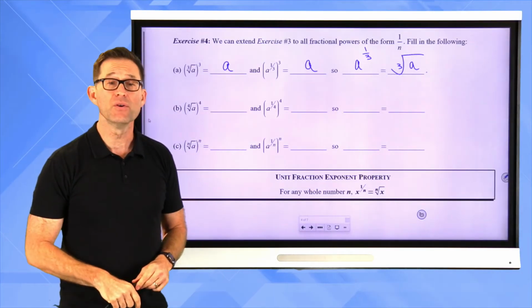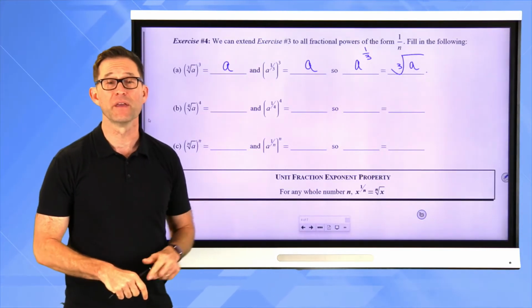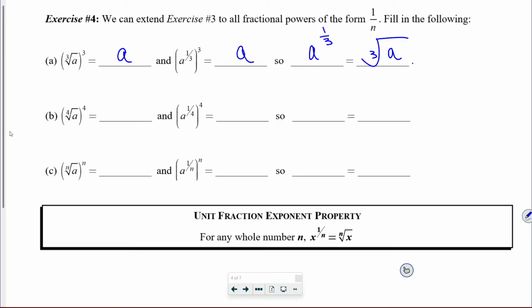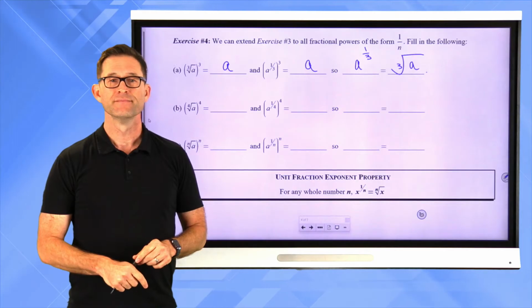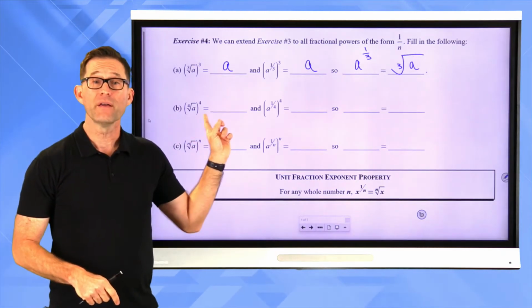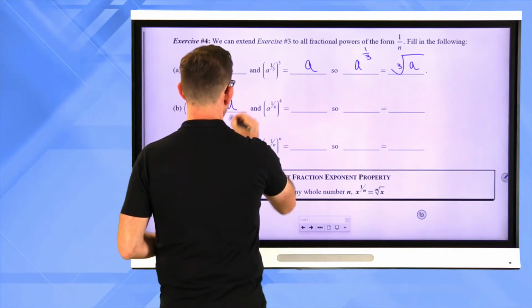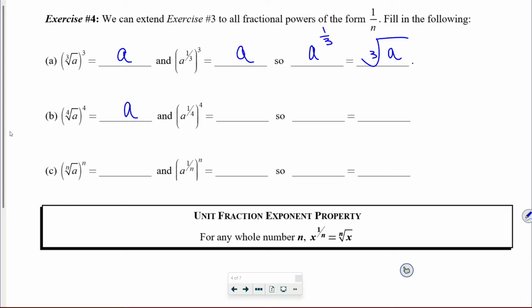All right, what I'd like you to do is fill in letters B and C. All right, well, the 4th root of a to the 4th is a. a to the 1/4 to the 4th is a, and therefore a to the 1/4 is equal to the 4th root of a.